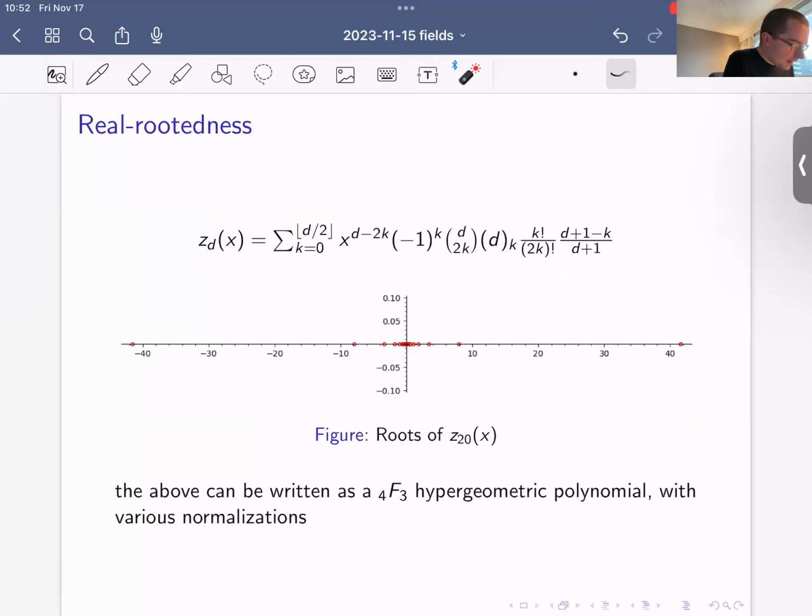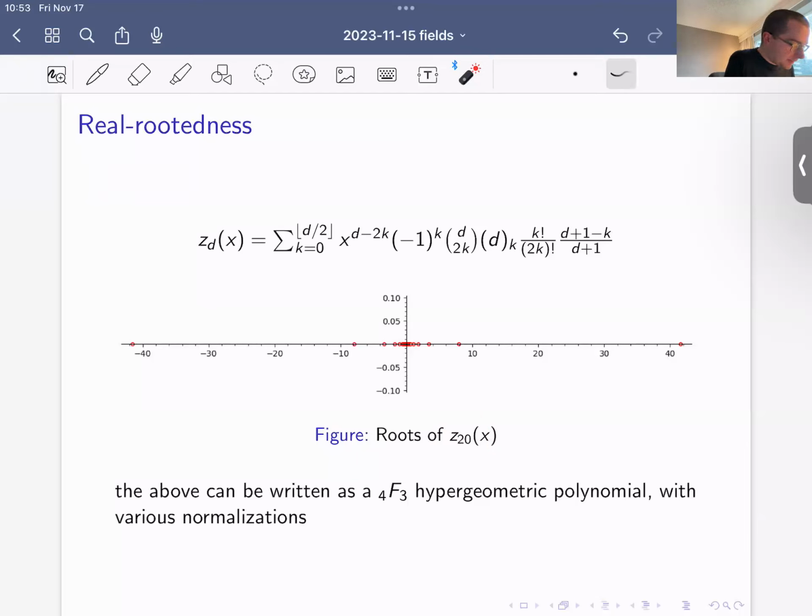It's a very concrete polynomial, but it's a little bit opaque what it actually means. So I just put a picture here of its roots. The roots do seem to be real. This is when D equals 20.